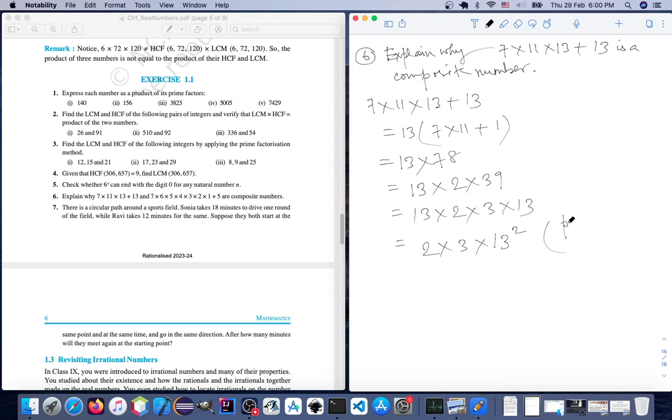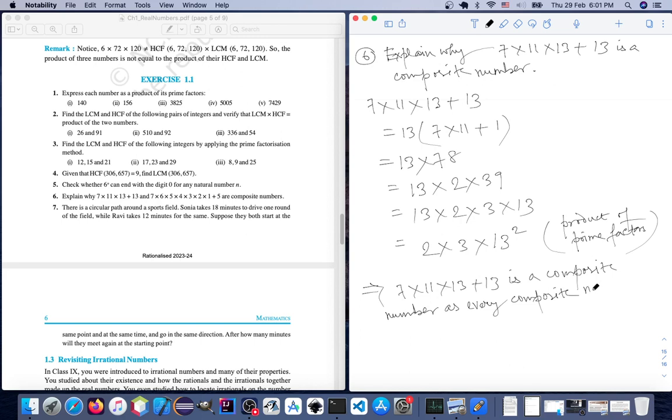This implies 7 into 11 into 13 plus 13 is a composite number, as every composite number can be expressed as a product of primes.